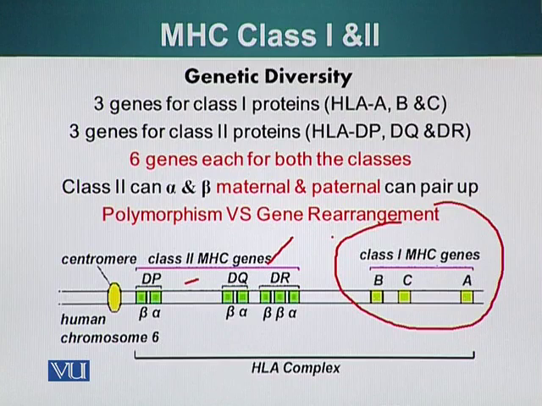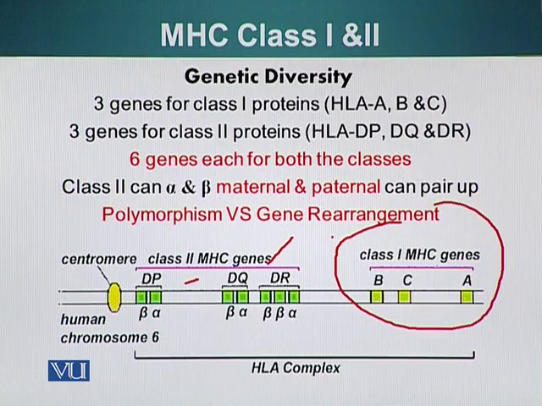It is very rare for 2 unrelated individuals to have an identical set of MHC proteins. That is one. The other is that we are just looking at one chromosome here. Remember, humans are diploid, so one chromosome is paternal, the other is maternal. So we have basically 6 genes for MHC class 1 molecules, which can form class 1 MHC molecules, and that is where the variety comes from.